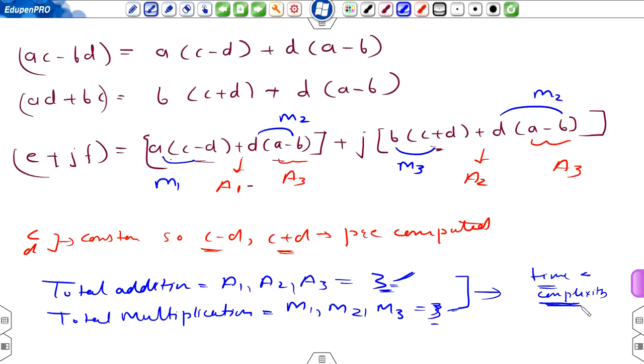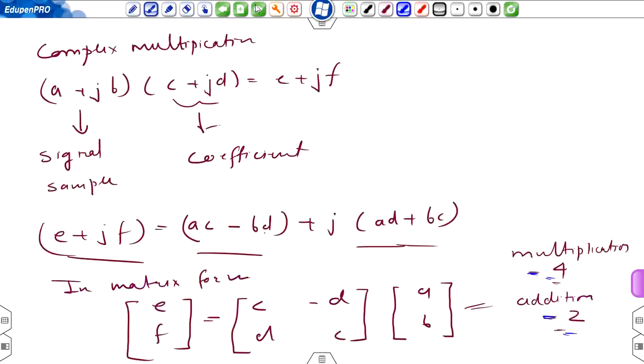So this is the concept, and this thing can be expressed in a matrix form as well in this way.